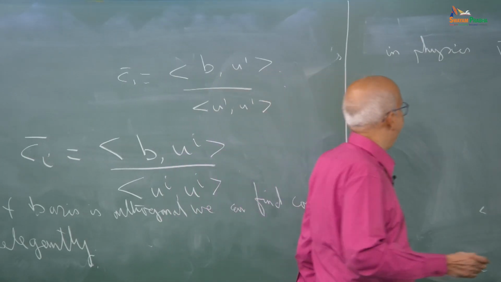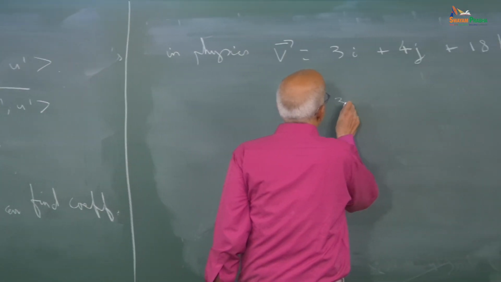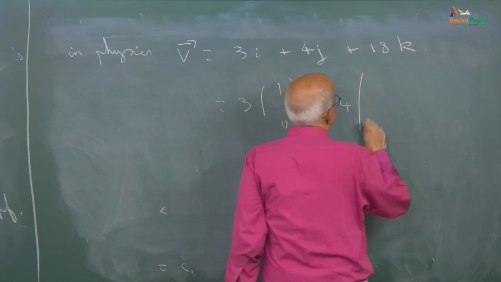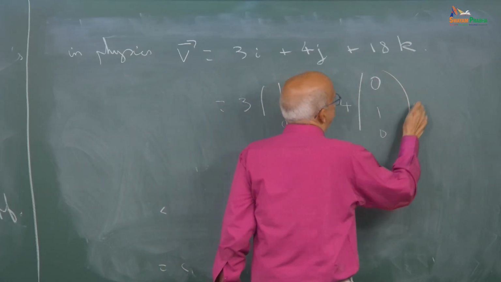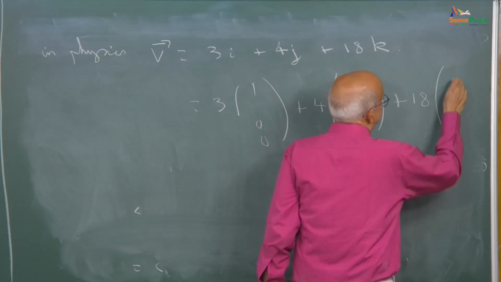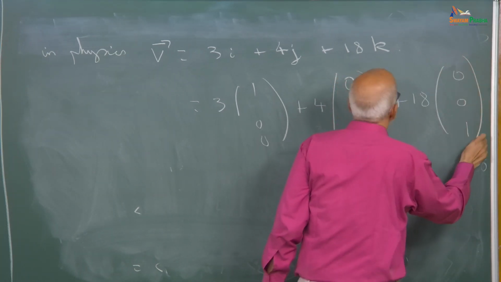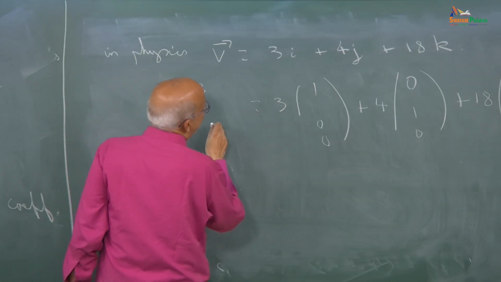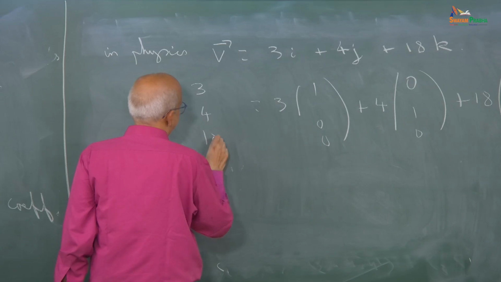So I will say x is my first direction. So, 3 times (1, 0, 0), 4 times (0, 1, 0), 18 times (0, 0, 1), and V will be (3, 4, 18).